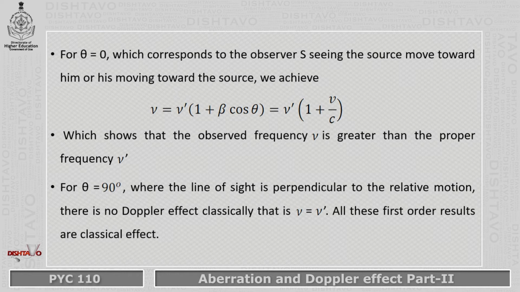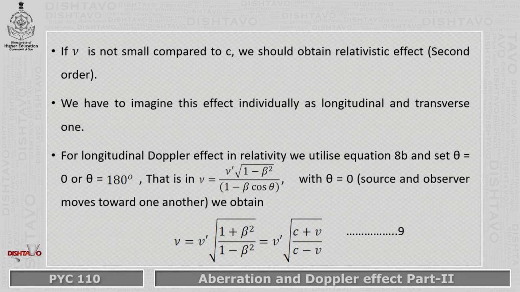So all these first order results are classical effects. If v is not small compared to c, we should observe a relativistic effect, which is second order. We have to consider this effect individually as a longitudinal and a transverse one.